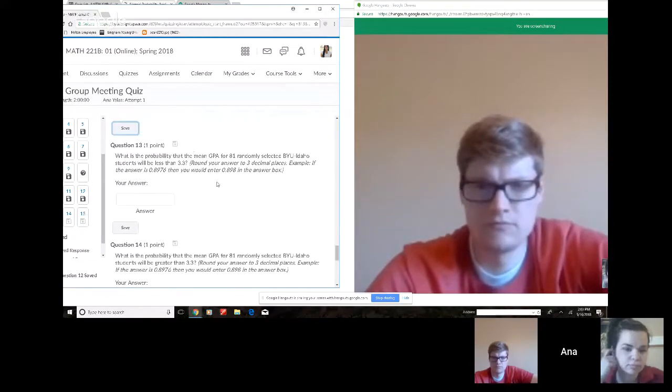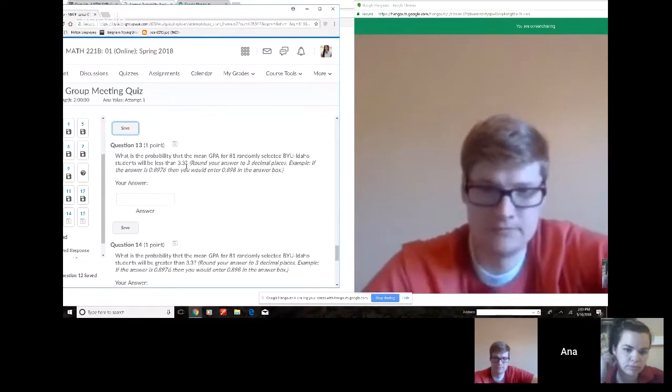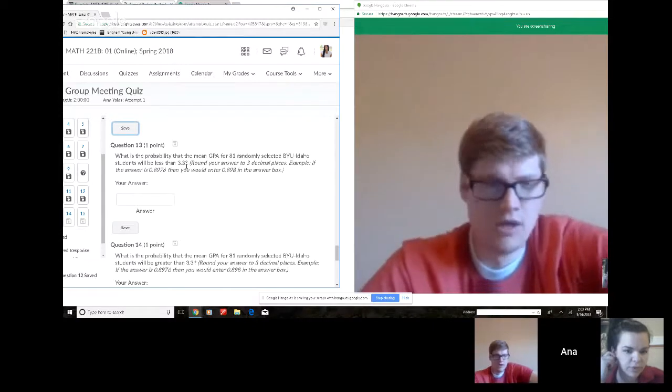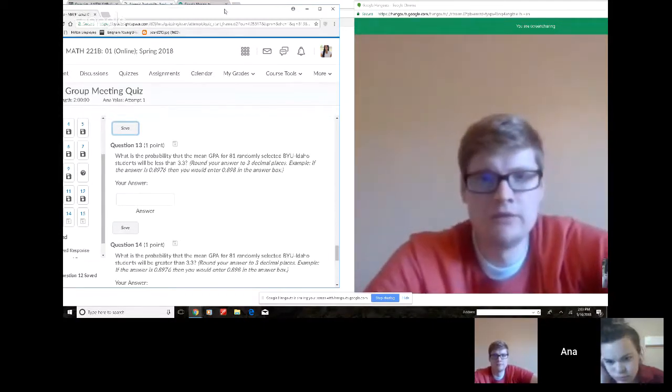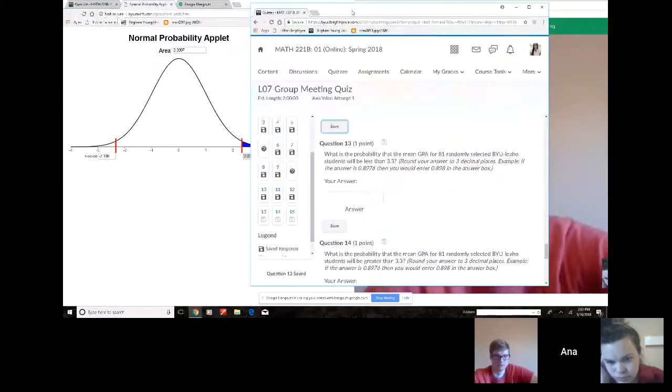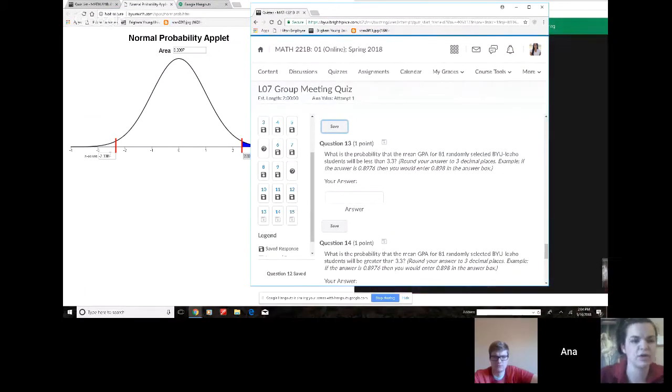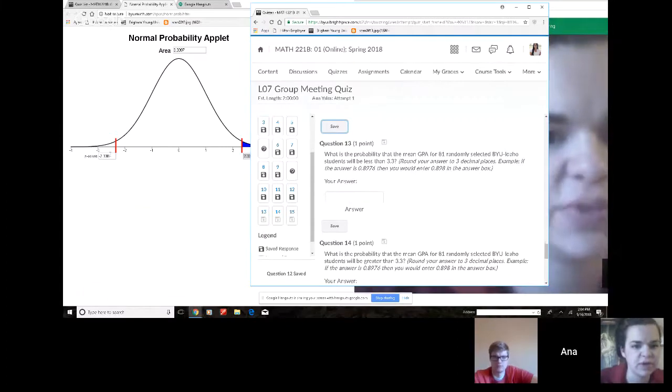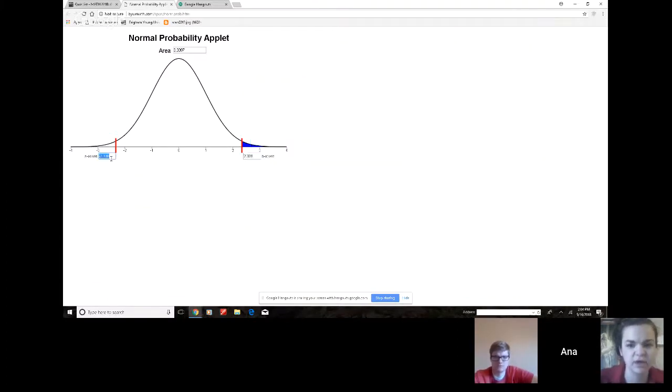What is the probability that the mean GPA for 81 randomly selected BYU students will be less than 3.3? So that's when we use this applet, right? Go to the applet and just put in 3.3 and then select everything below, right?